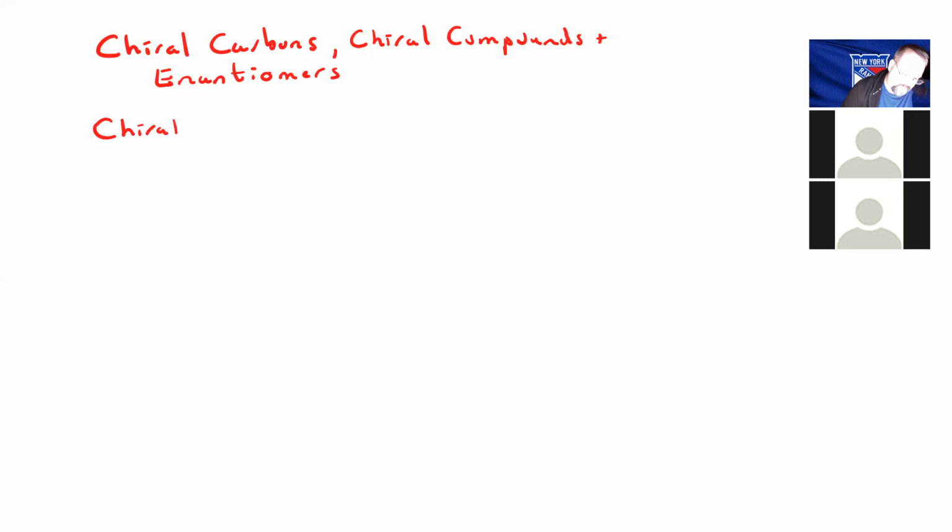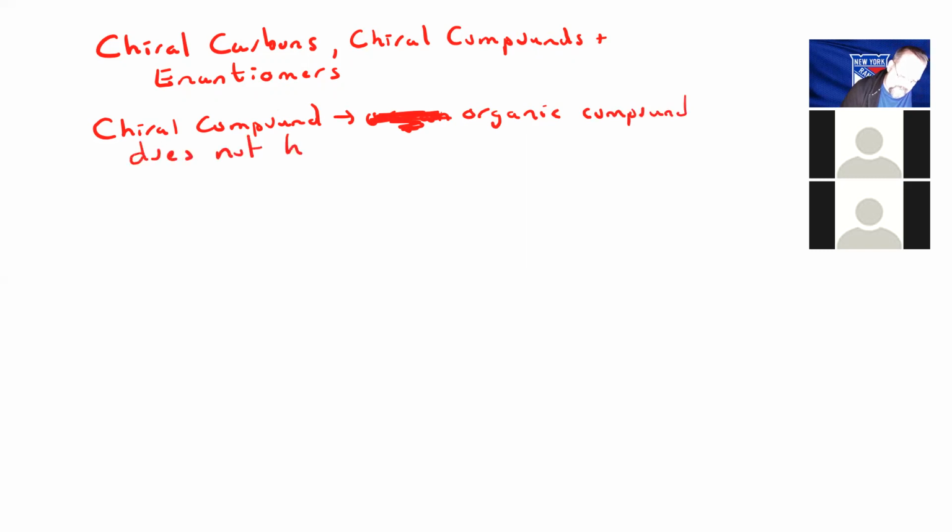when you have a chiral compound, it doesn't have to necessarily be an organic compound. It could actually be an object or something like that. But I guess for our purposes, the organic compound does not have a plane of symmetry in its structure.